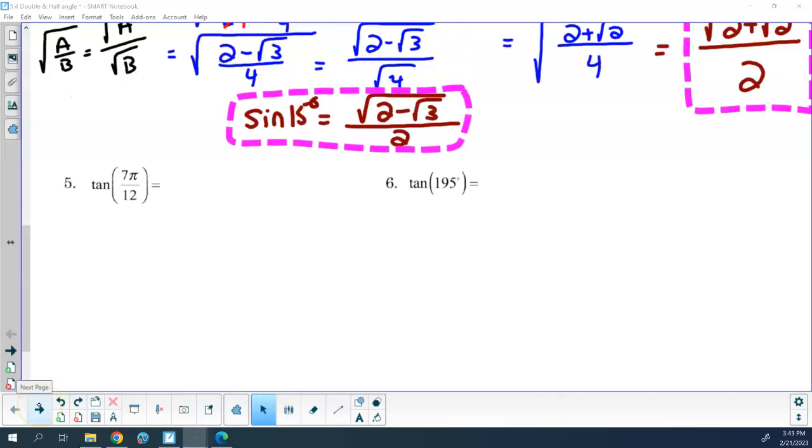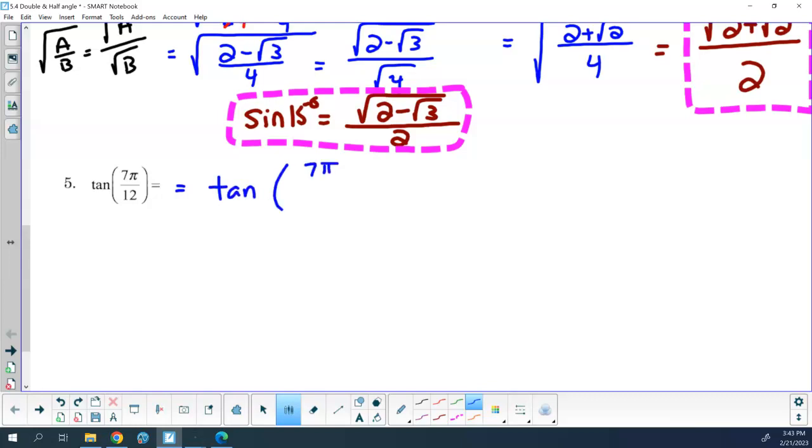So let's do a tangent here. Let's do the tangent of 7 pi over 12. Well, that is going to be the tangent of 7 pi over 6, then divided by 2.